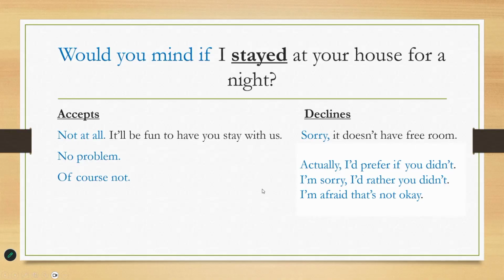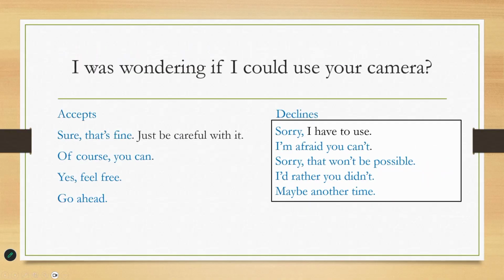Next. I was wondering if I could use your camera. So with "wondering," we like to say "could use." If you want to let your friend use your camera, you can say, sure, that's fine. Or just say, sure, okay. Just be careful with it. You can add more of what you want to express. Of course, you can. Yes, feel free.